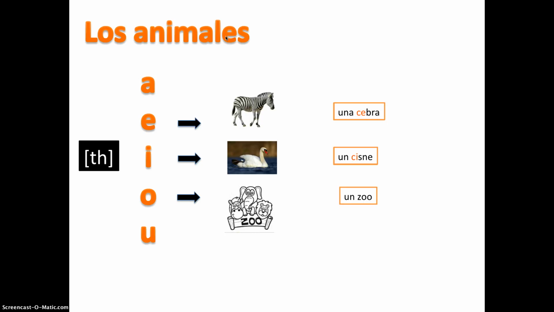Say it, un zoo. So here we have some examples of where we have a Z making the th sound, as in un zoo, but when it's an E or an I, it's different. So we use the C combination. So CE and CI also make the th sound. So try them one more time. Una cebra, un cisne, and un zoo.